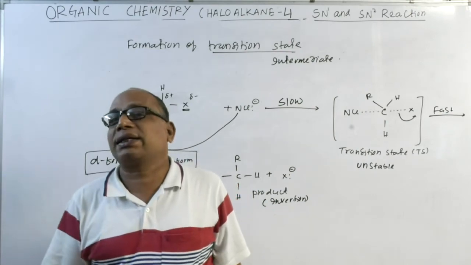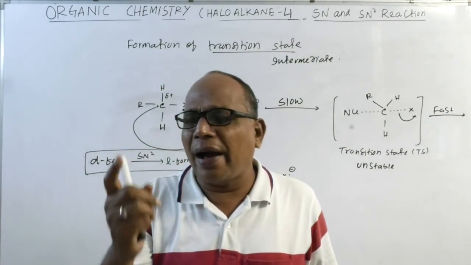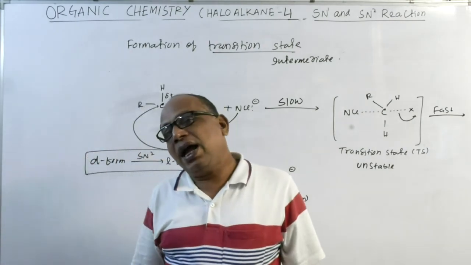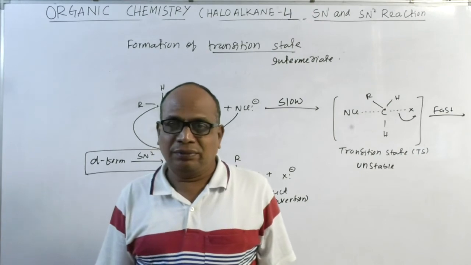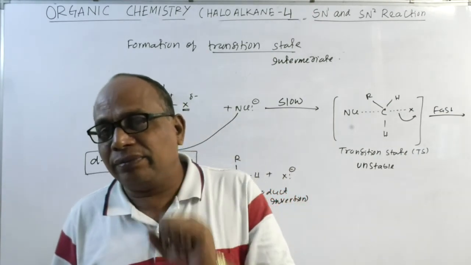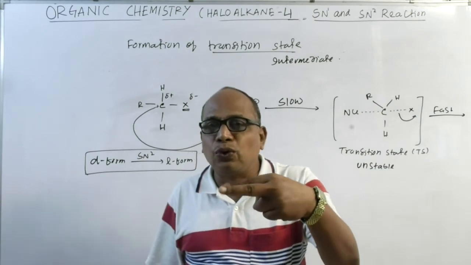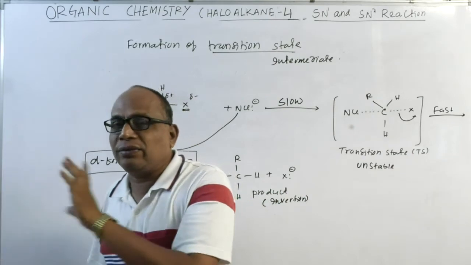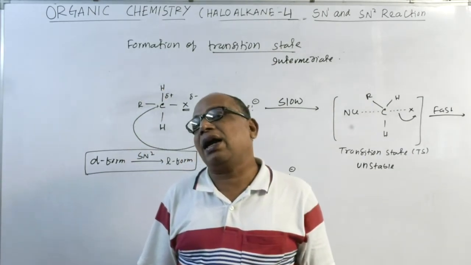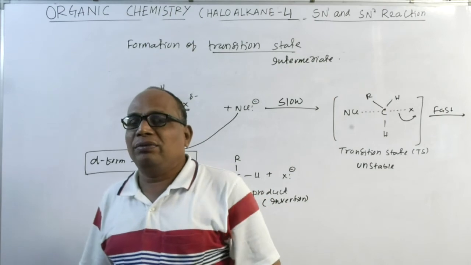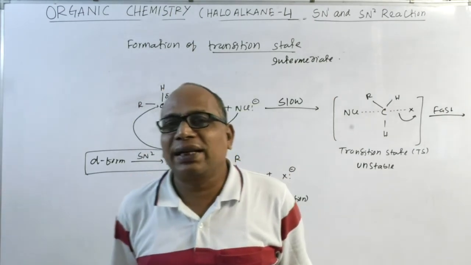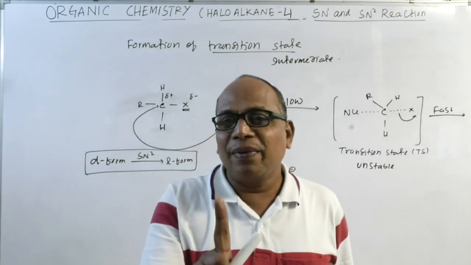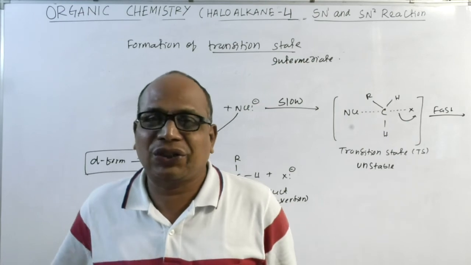But in SN2 reaction, the reaction is initiated by the alkyl halide as well as the nucleophile. In SN1 reaction, the mechanism consists of two steps: the first is formation of the carbonium ion, the second step is attack of the nucleophile on the carbonium ion, whereas the SN2 reaction mechanism consists of only one step, the formation of the transition state.